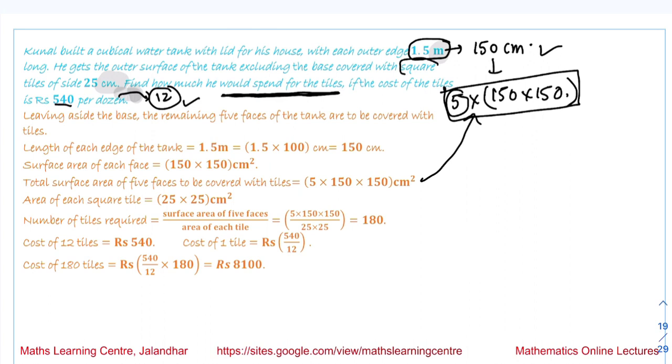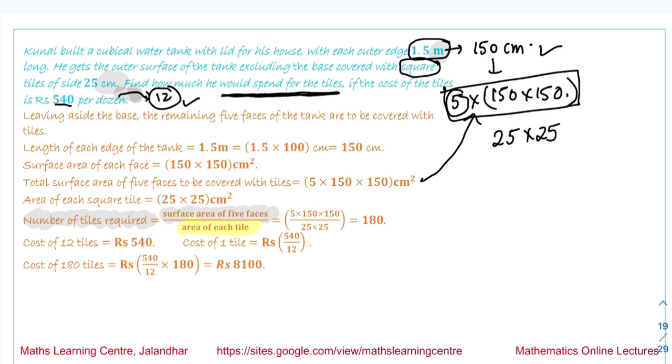Tile is a square tile. So area of each tile is 25 into 25. So how many tiles are required? To find the number of tiles required, we are saying it is surface area of 5 faces over area of each tile.